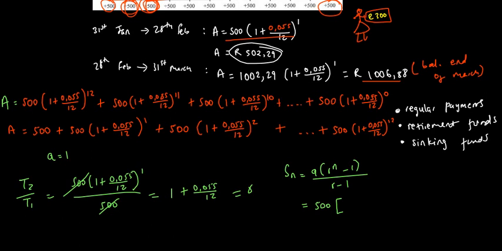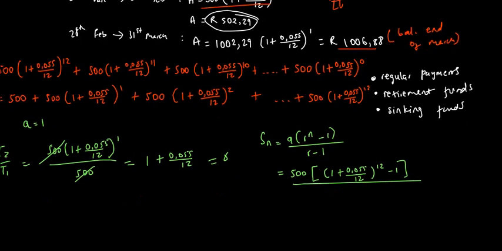So I will say R is 1 plus 0.055 divided by 12 to the power of n, right? n will be how many months in total. So in total it's 12 months. And then you divide by, so it's the 12 payments that you made again, and then you divide it by R.